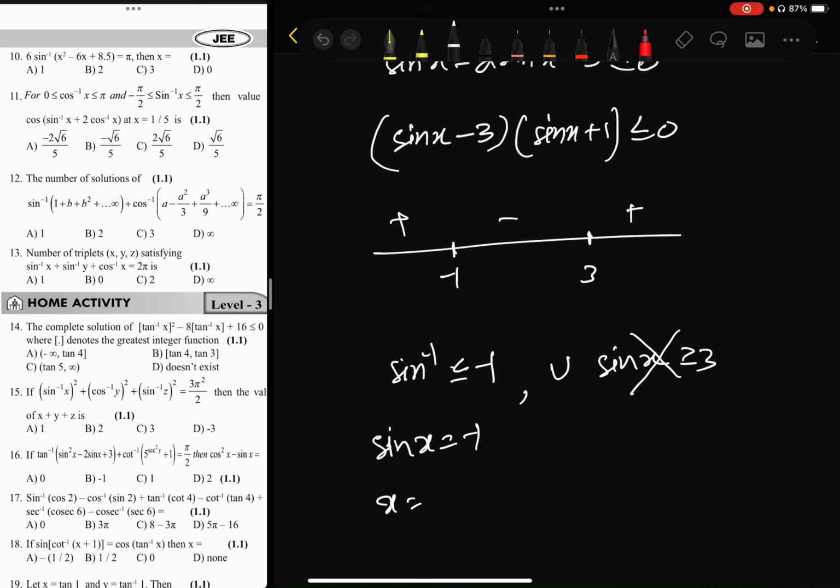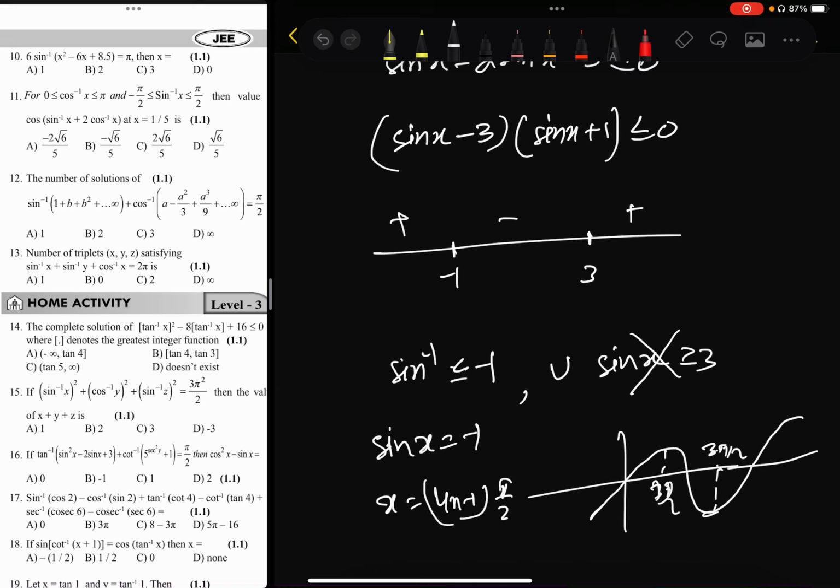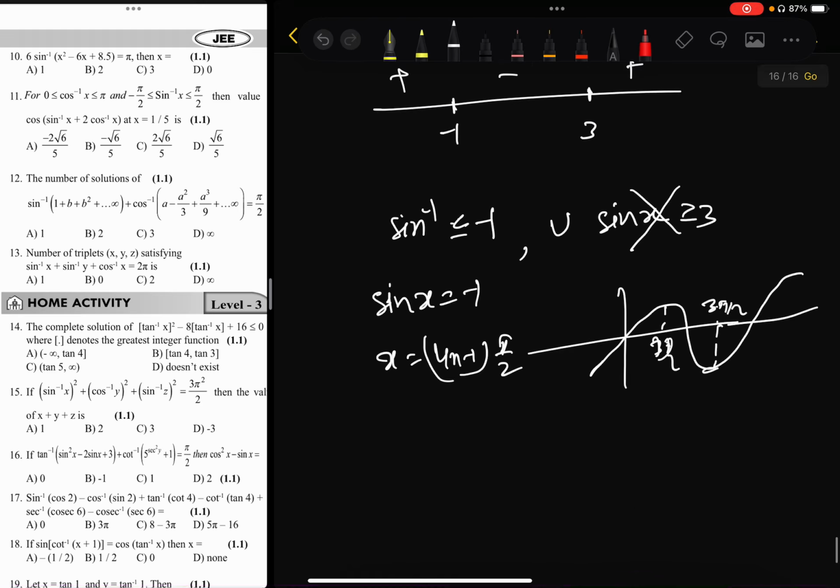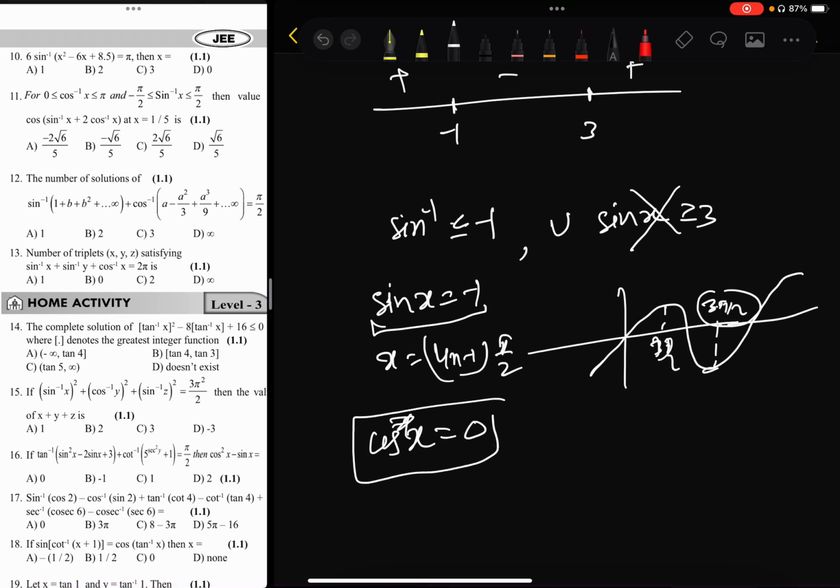You can draw the graph also. See, when it is minus 1, this is 3 pi by 2, and this is pi by 2. So sine x is minus 1 at odd multiples of pi by 2. What is the question here? We need to find cos square x minus sin x. If sin x is minus 1, that is at 3 pi by 2, then the value of cos x will be 0, right?